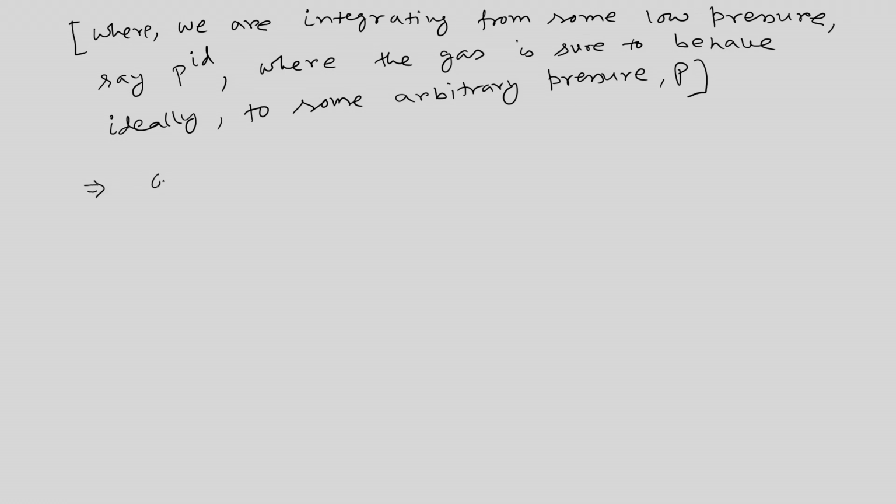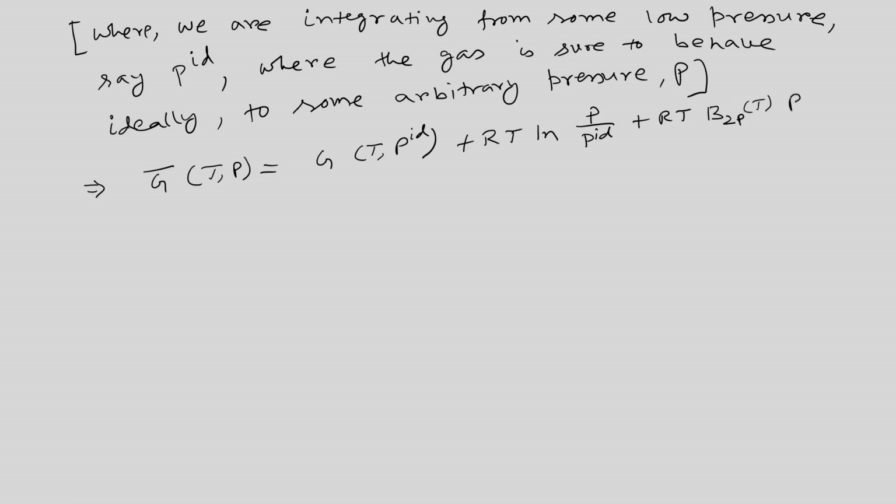So we can write G bar is G naught T, or rather G bar T P ideal, okay, plus RT ln P by P ideal plus RT times B2 P times P plus RT by 2 times B3 P T P to the 2 and so on.